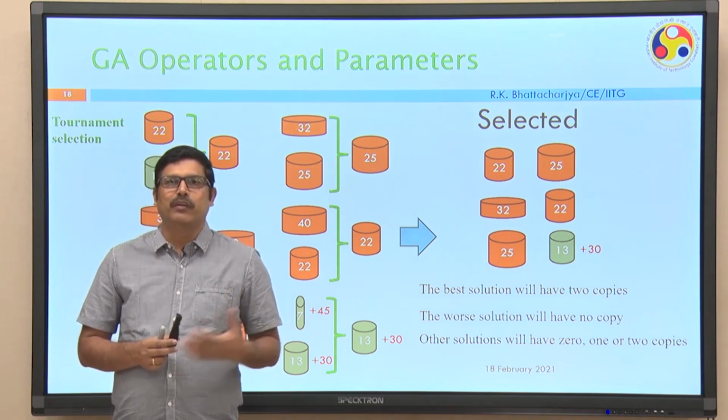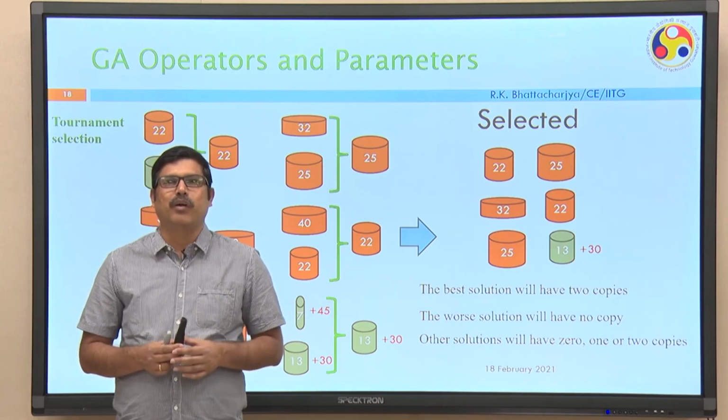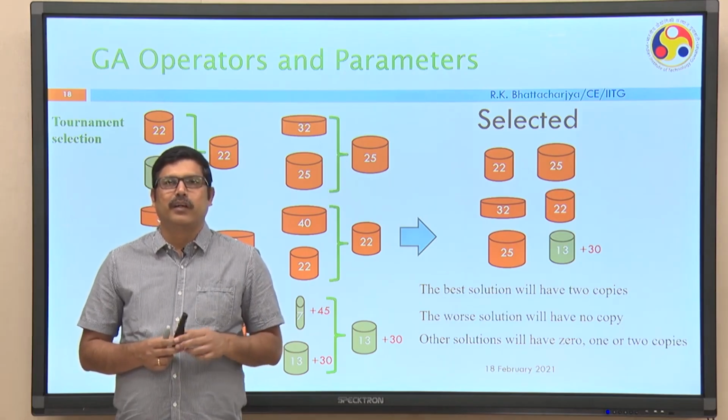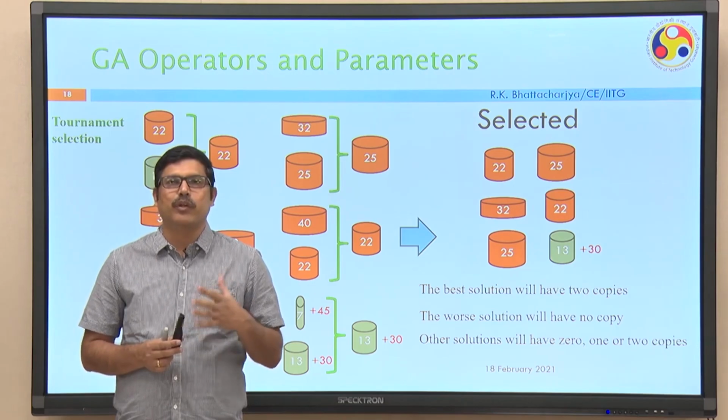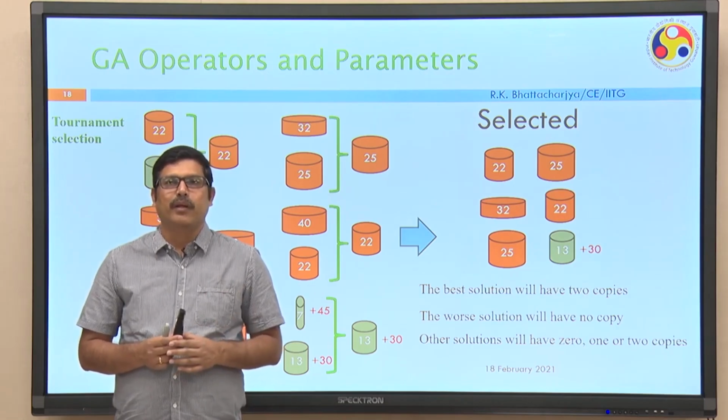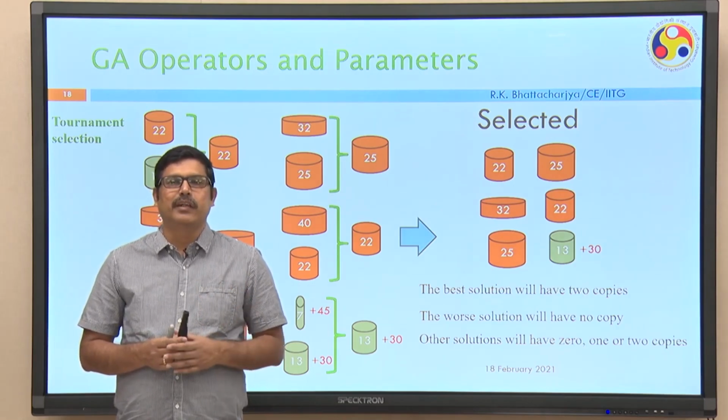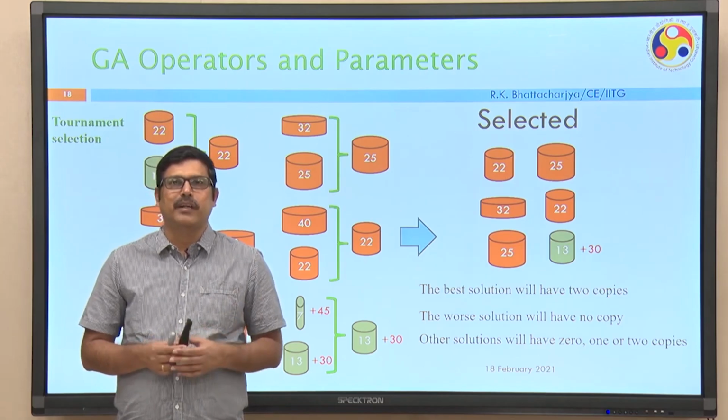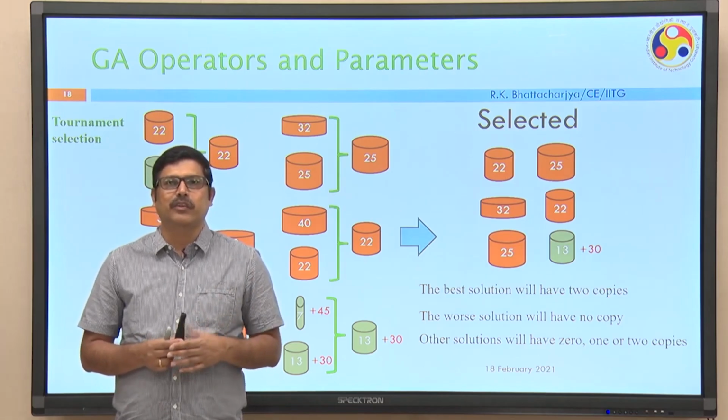So, if we recall what we have done so far, the process starts with a set of solutions, which we call a population. We have to generate the initial solution, and I have not yet discussed how to do that.